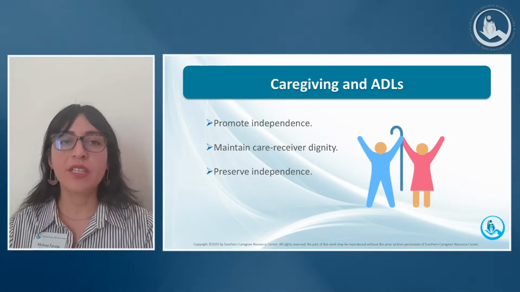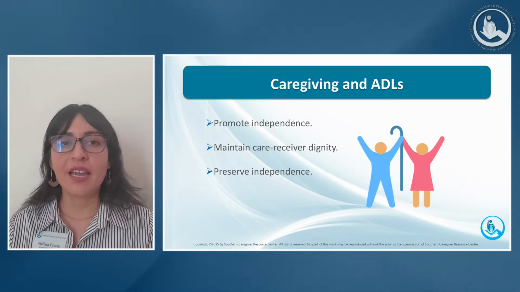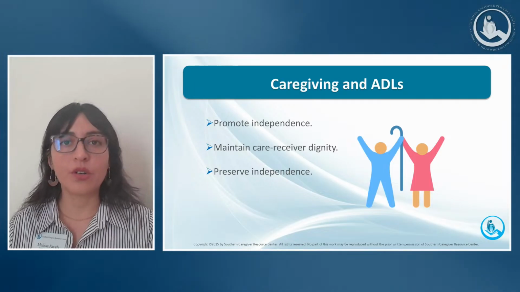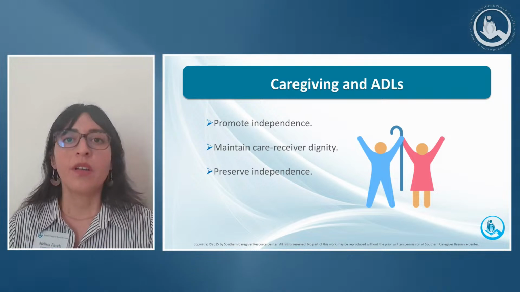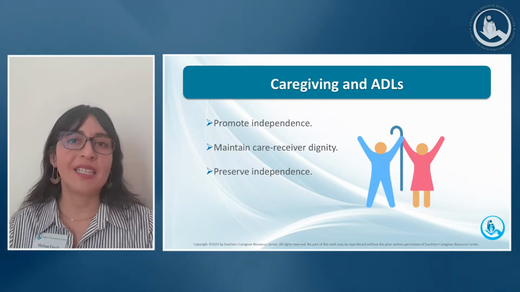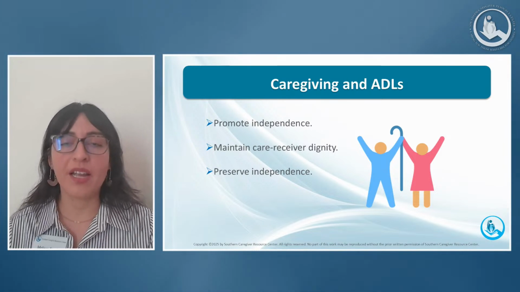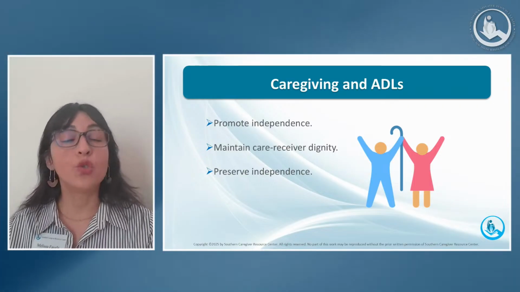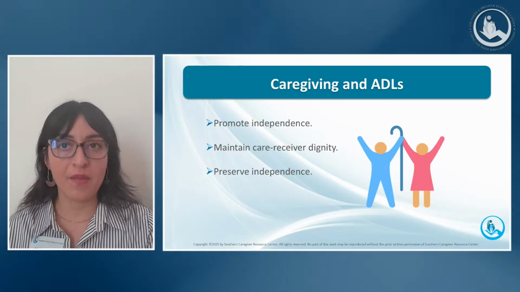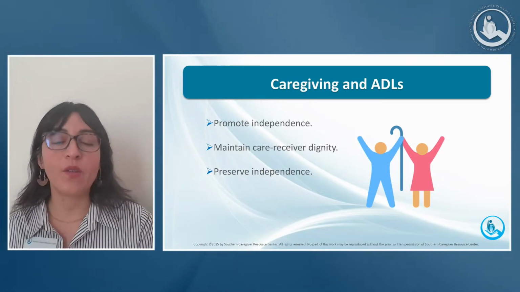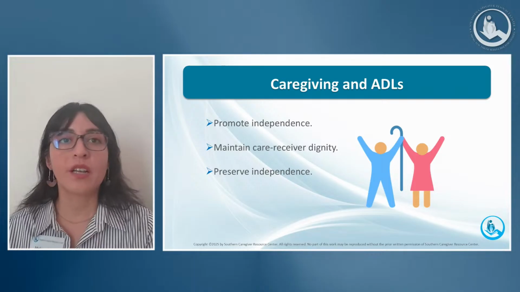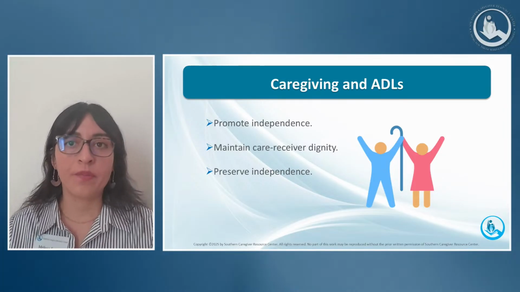Now, let's explore this a little bit more. Let's say that by assisting an older adult in their ADLs, one or several, caregivers help them maintain a sense of independence and autonomy, right? So instead of doing the ADLs for them, we are assisting, right? We're there to support, not to take over.